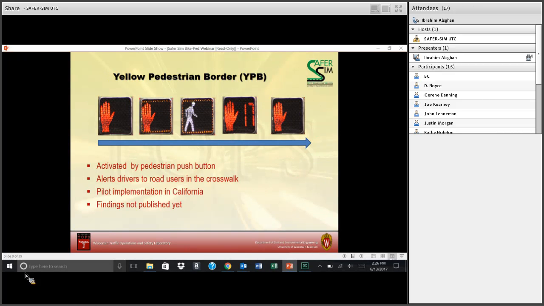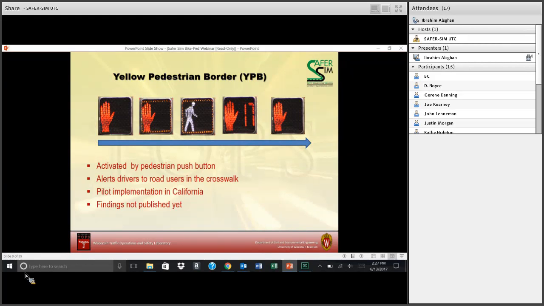The yellow pedestrian borders. This is actually a real application that has been done in a small town in California. When a pedestrian pushes the button, you can see there is a solid yellow border, and it has been implemented in California.